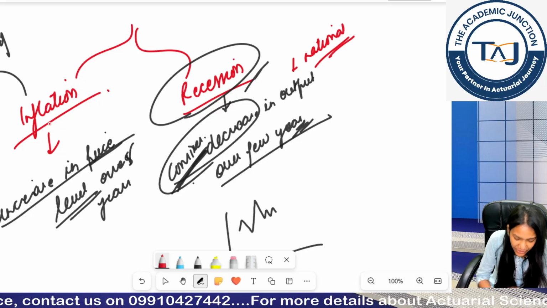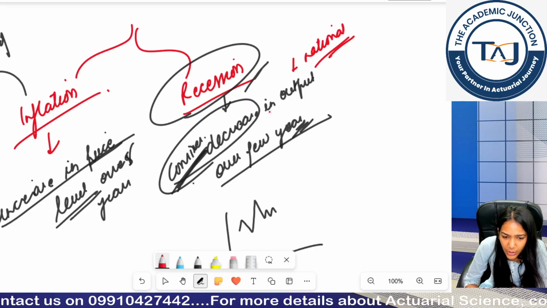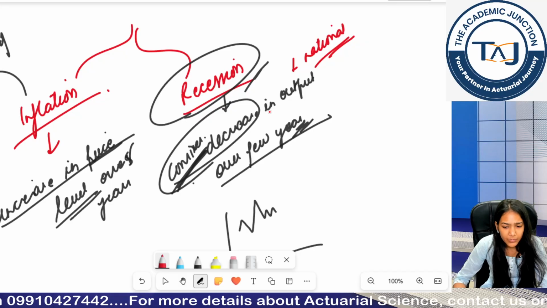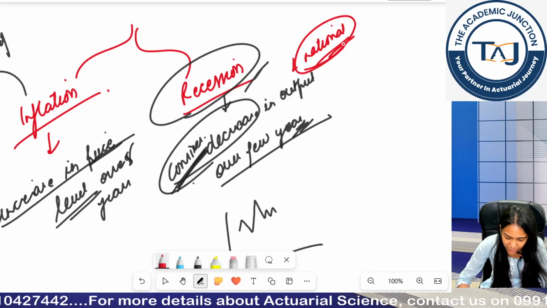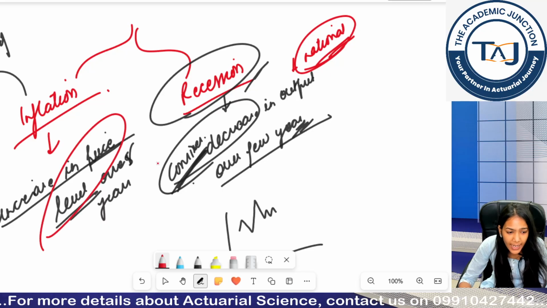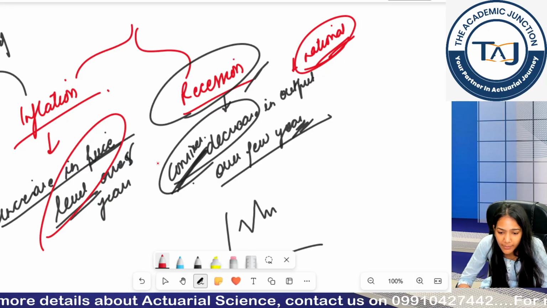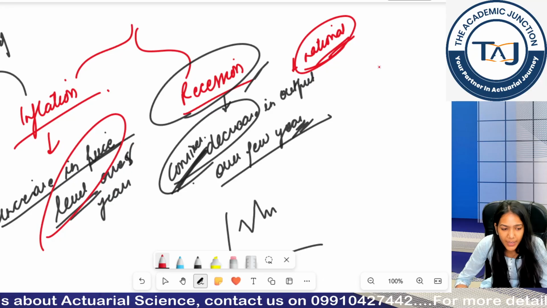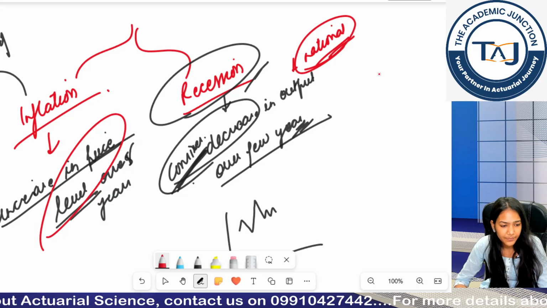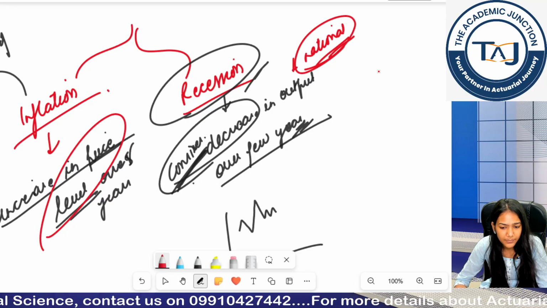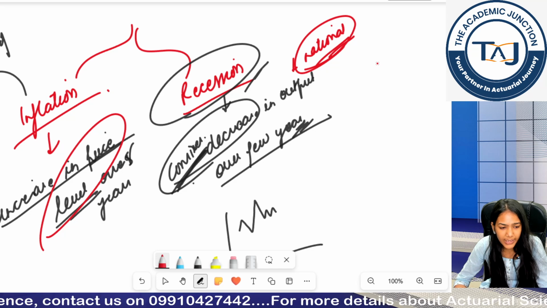Okay, so inflation and recession, are these microeconomic topics or macroeconomic topics? Quickly give me in the chat room. If I am talking about national output, if I am talking about the price level of the economy, am I talking about micro level or macro level? So are these the concepts of microeconomics or macroeconomics?